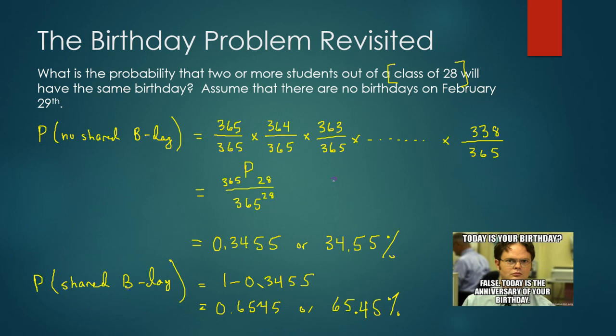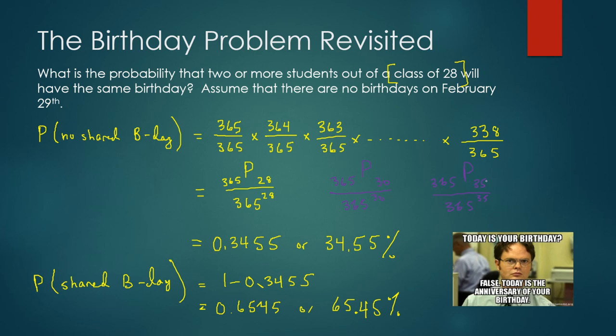You would just do the probability of 2 people not sharing a birthday would be 365P30. You just now do 30 people and do 365 to the power of 30. And if you want to do a class of 35, 365P35. And you just do this process, 365 to the power of 35. So it's really easy to set up the birthday problem now that we know about permutations.